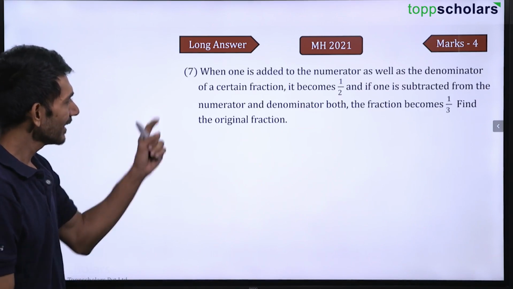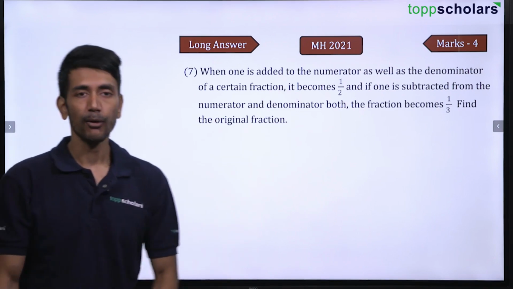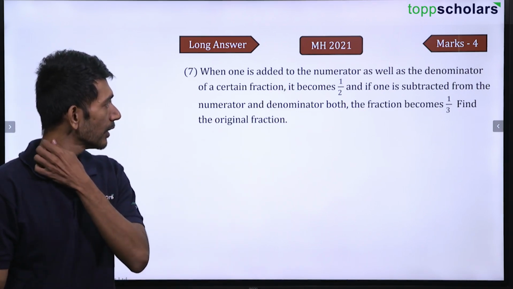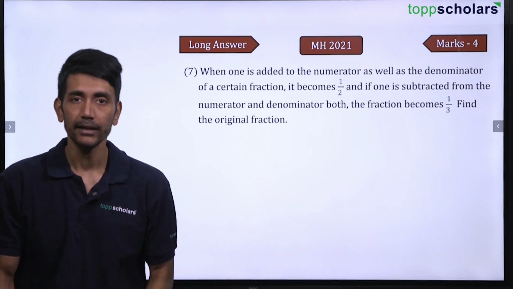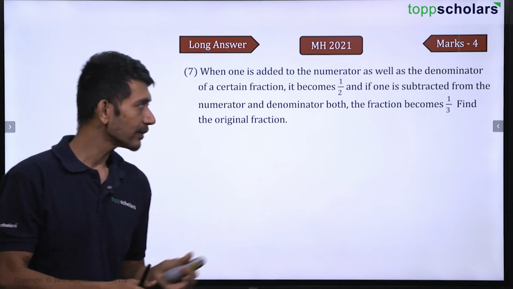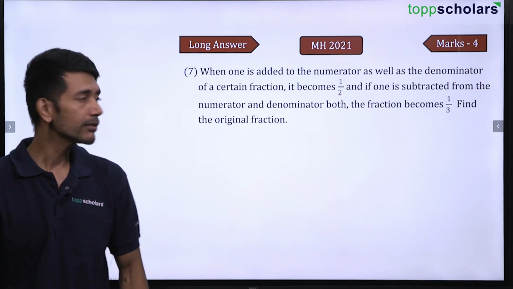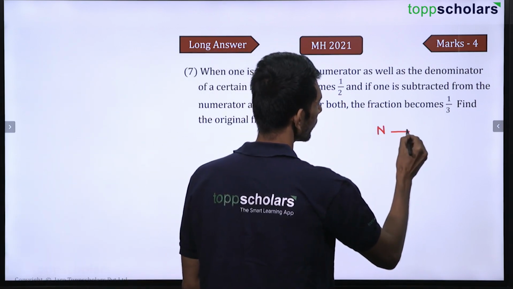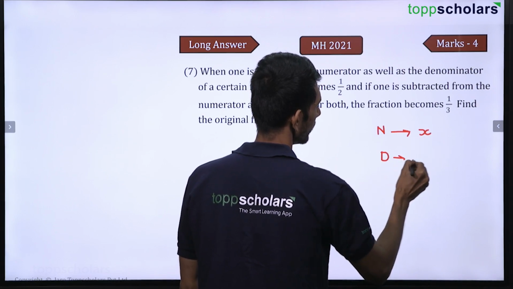Alright. Let's continue with a new problem. Now again, this is a word problem. We solved a similar word problem belonging to fractions, right? So always remember, whenever you have a question based on fractions and you are solving it with linear equations in two variables, you start by considering the numerator as x and the denominator as y.